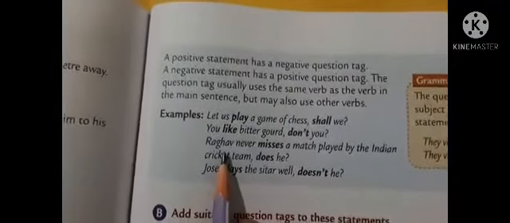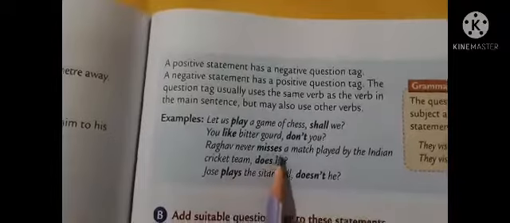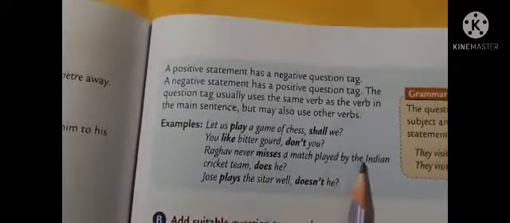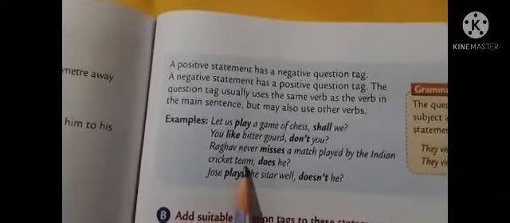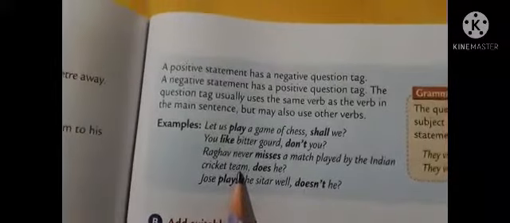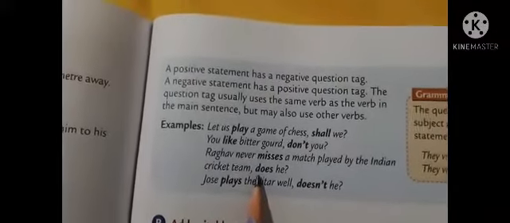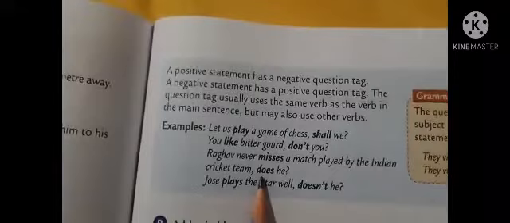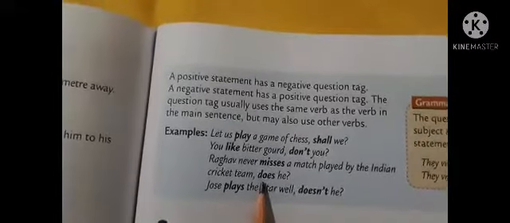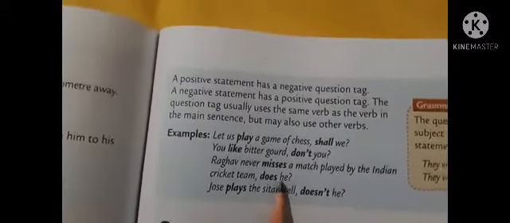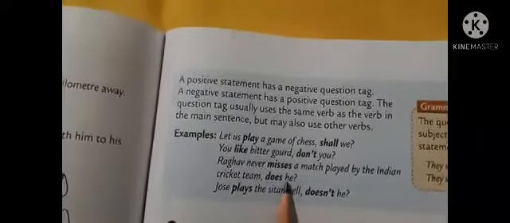So here this statement, Raghav never misses a match played by the Indian cricket team, is a negative statement, and therefore we have used a positive question tag, does he. All right.